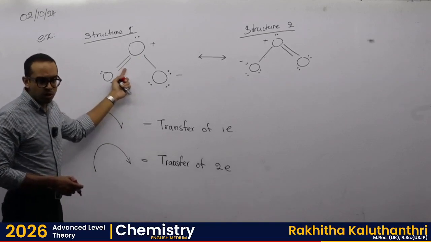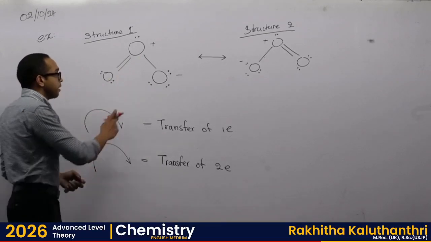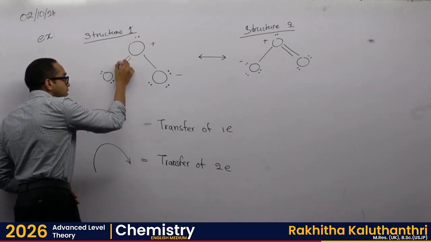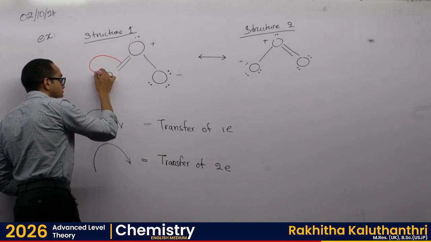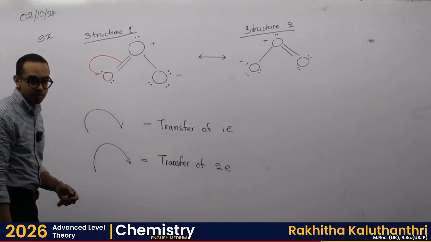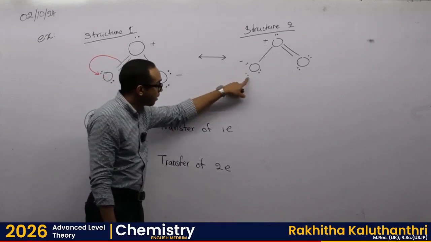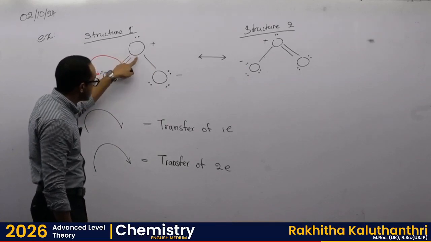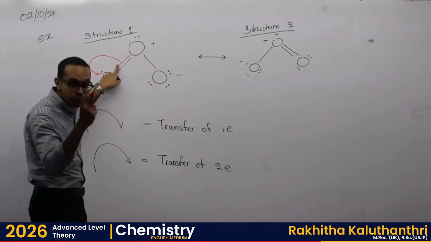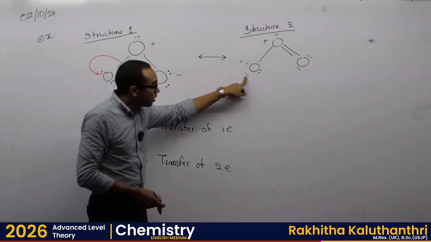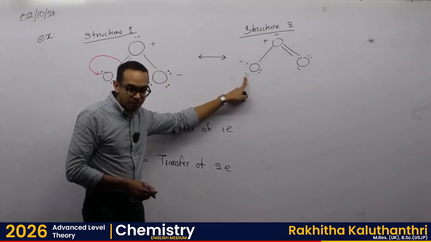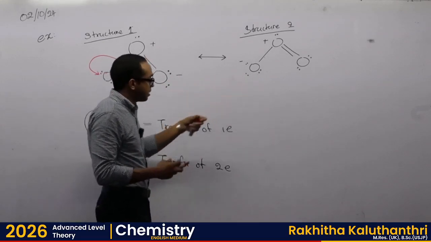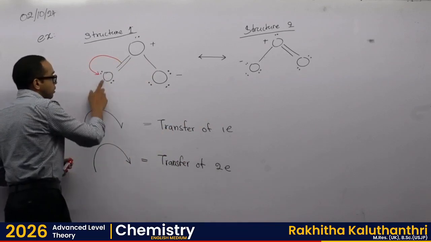So what has happened here is we have a double bond here, and this double bond is no longer there. That means the electrons in this double bond have been transferred to this oxygen atom. Now this oxygen atom has 3 lone pairs, because the bond electrons, 2 electrons, got transferred to this oxygen atom. What happens to this oxygen?